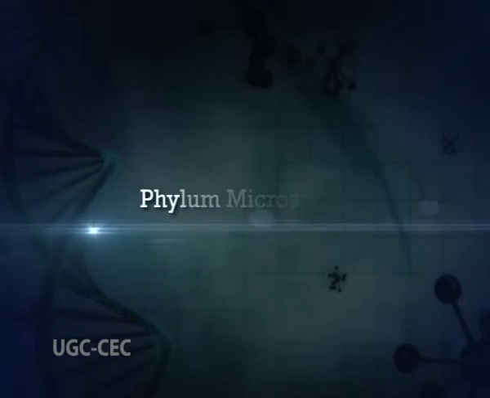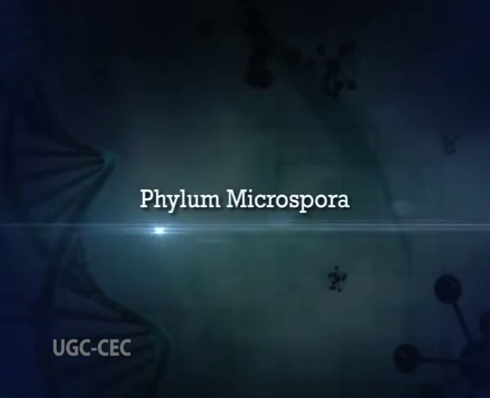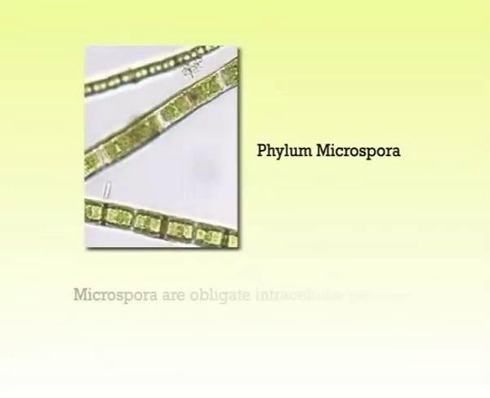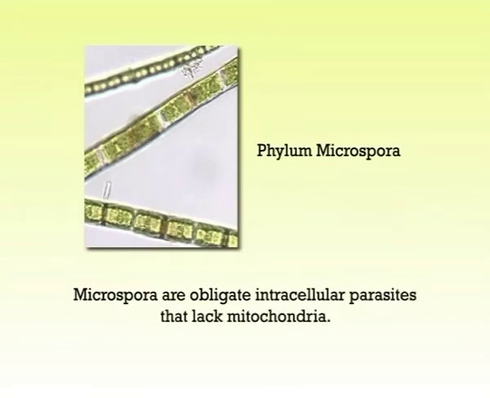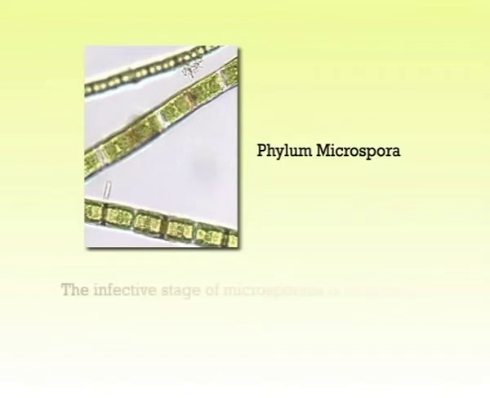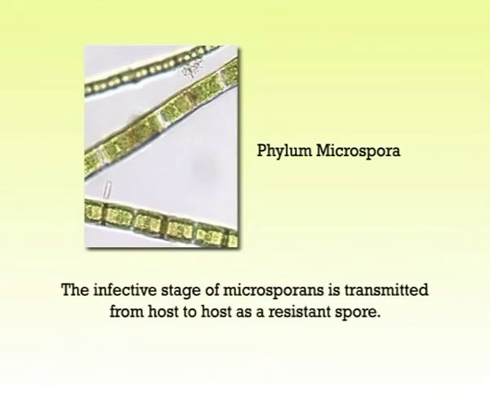Next, we'll see the Phylum Microspora. These microsporans are obligate intracellular parasites and they lack mitochondria. The infective stage of microsporans is transmitted from host to host as resistant spores.